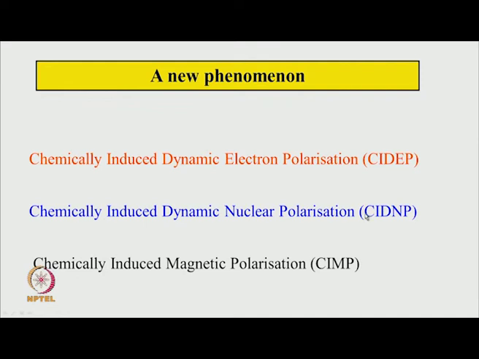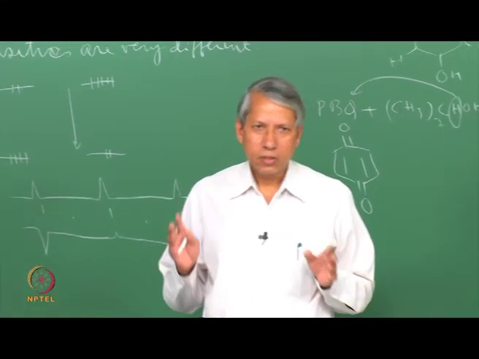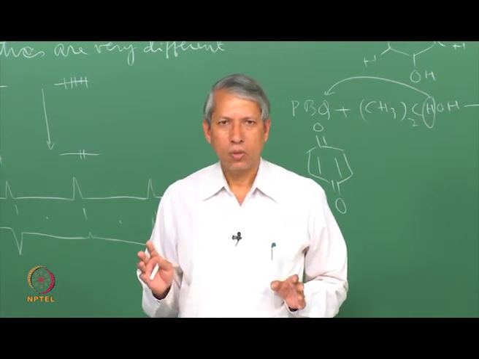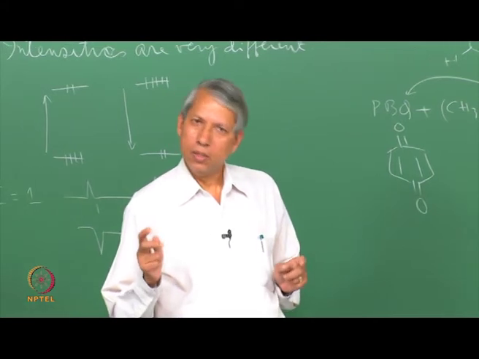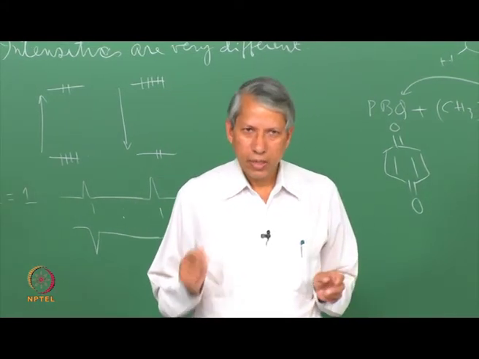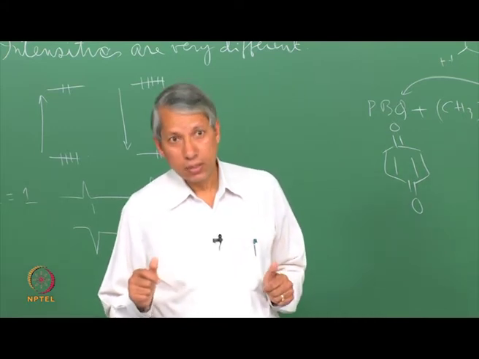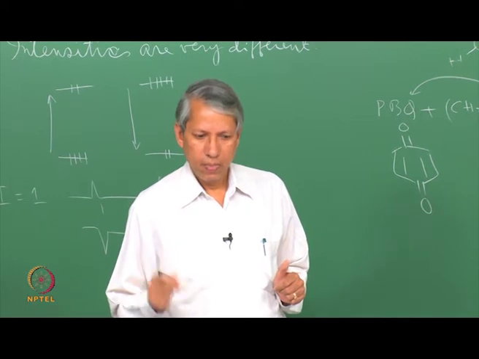By and large they mean that the electron spin is polarized and they are in a dynamic state, in the sense that they do not stay there forever. The electron spin lattice relaxation process always tries to restore the Boltzmann distribution. Similarly, in case of NMR also, the NMR spin lattice relaxation mechanism tries to restore the spin population to the thermal distribution.